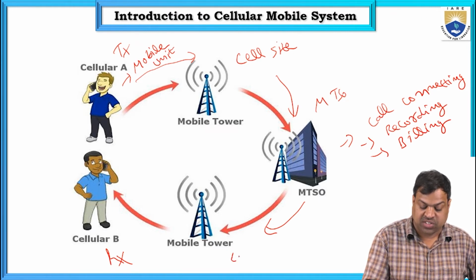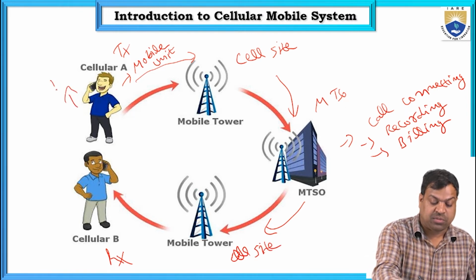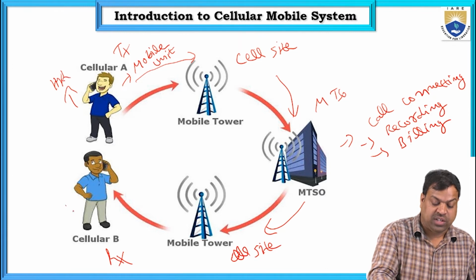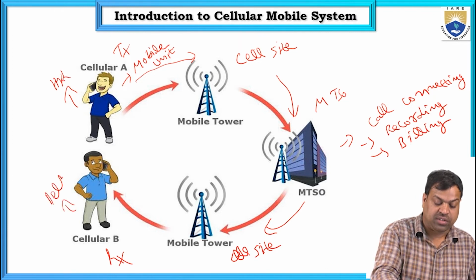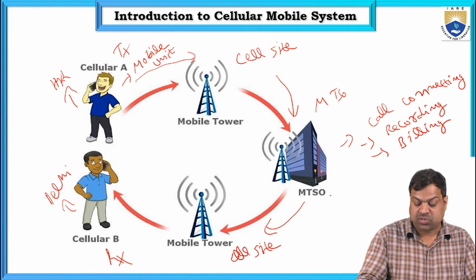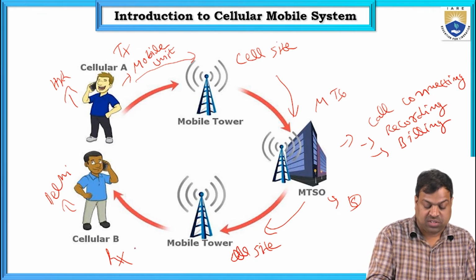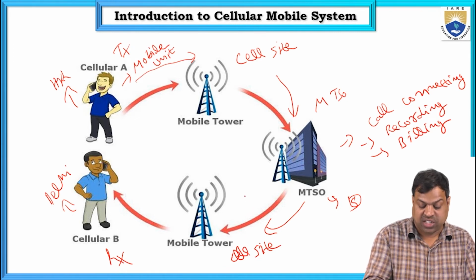Mobile tower means cell site. Suppose this person is in one area, say Hyderabad, and he is in Delhi, for example. Hyderabad to Delhi means after the MTSO it is going to the satellite. That is different. So for the nearby receiver, it goes to the cell site near this cellular person.